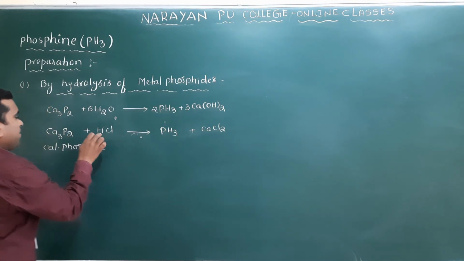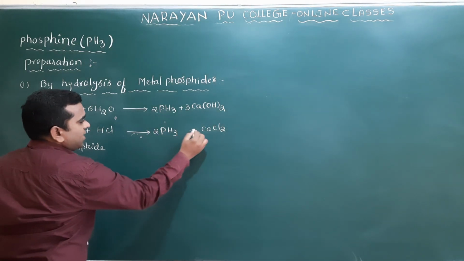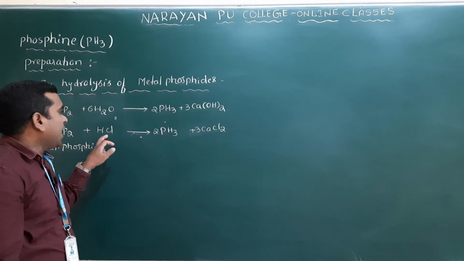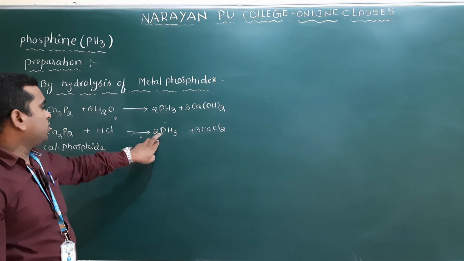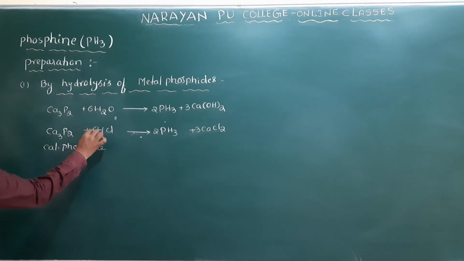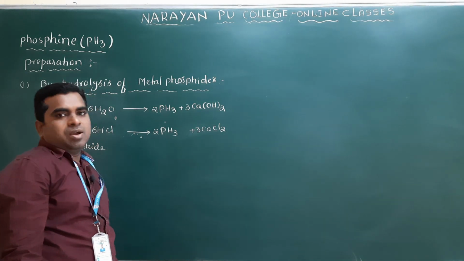Phosphorus combines with hydrogen, calcium combines with chlorine. Balance again: 2 phosphorus and 3 calcium atoms. Now balance hydrogens and chlorines: 2 into 3, 6 hydrogens, 3 into 2, 6 chlorines. So multiply HCl with 6 and you will get phosphine.